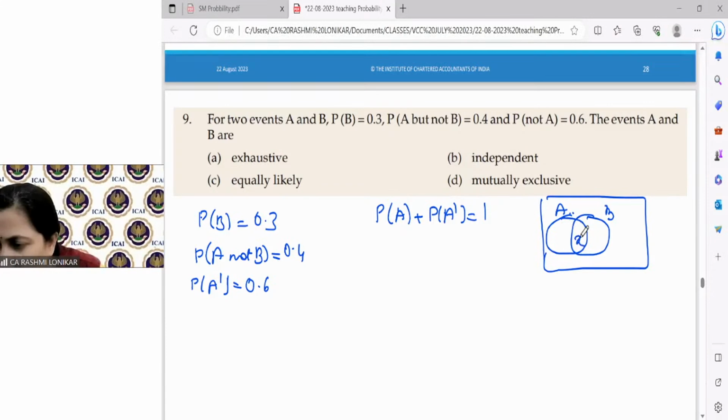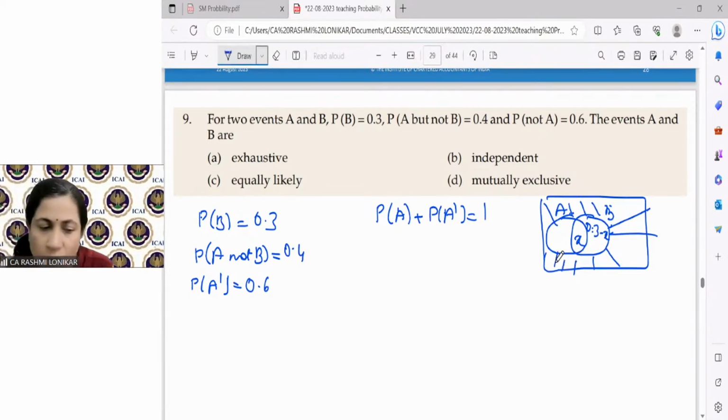But there is this X which is the overlapping point. What will this be? 0.3 minus X. And about A, I don't know anything, but I know that A dash is all this region.